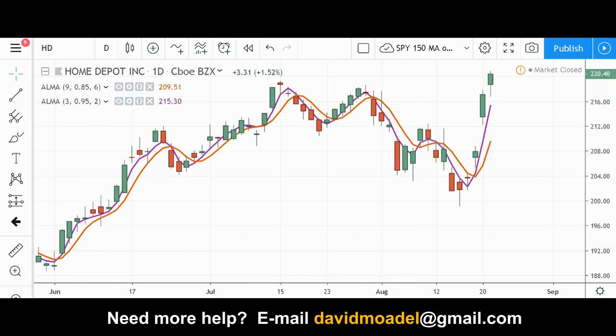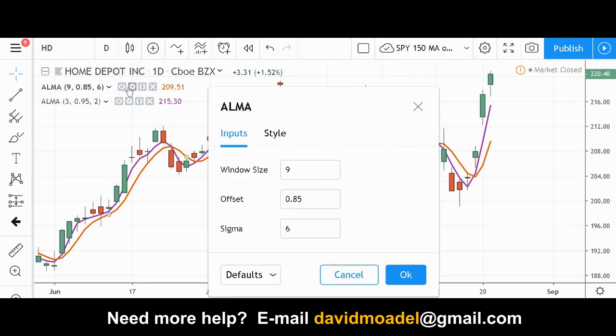Now, in order to explain all three of those, this would be a very long video, so I don't see really any point in going into too much detail on what those mean, but just be aware that if you go to settings on TradingView, you can adjust these three parameters here. And I encourage you to play around with these numbers, okay? Mess around with them and see how it affects where the lines are, okay?